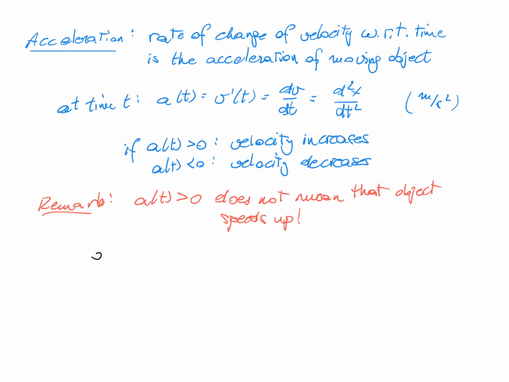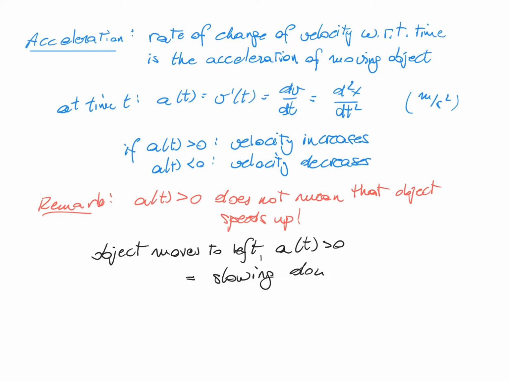If, for example, my object moves to the left and my acceleration is positive, then basically it is slowing down. Why? Because it is moving towards the left, to a smaller value, but the acceleration is to the right. So basically it is halting the object.